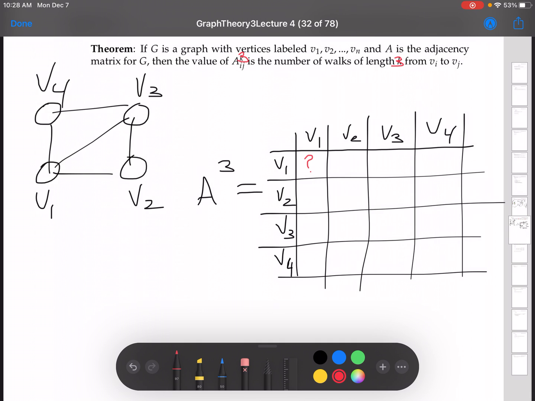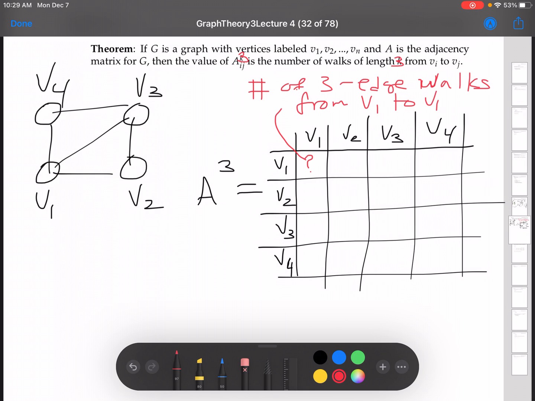This is the number that goes in there. This is the number of 3-edge walks from V1 to V1, from V1 to itself.